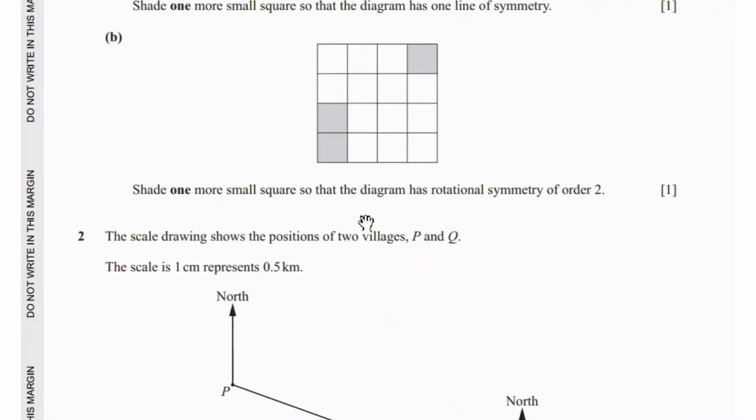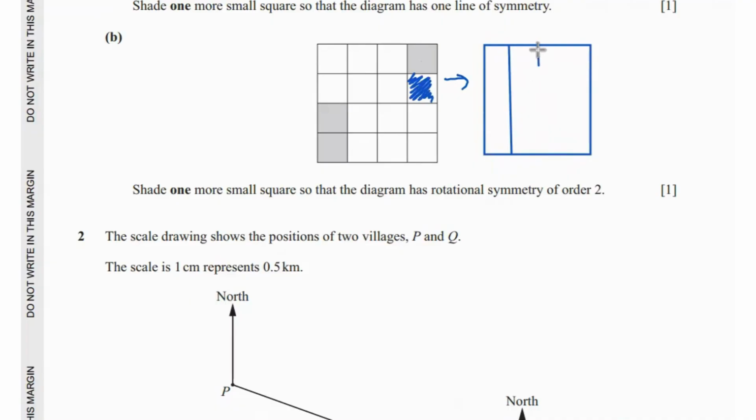Then it says shade one more small square so that the diagram has a rotational symmetry of order 2. So to have a rotational symmetry of order 2, we will shade this square over here. Why? Because if we turn this shape 90 degrees clockwise, we will have these two over here, and then these two over here.